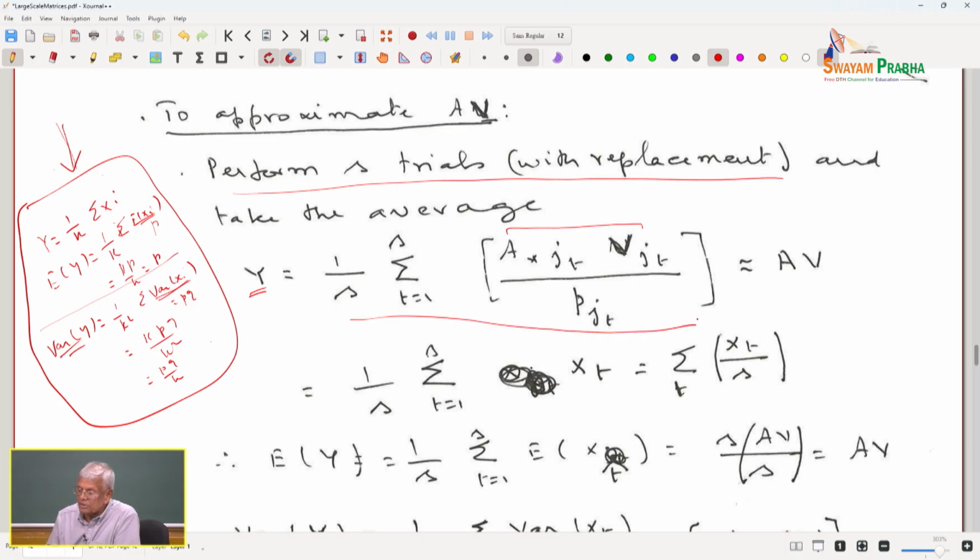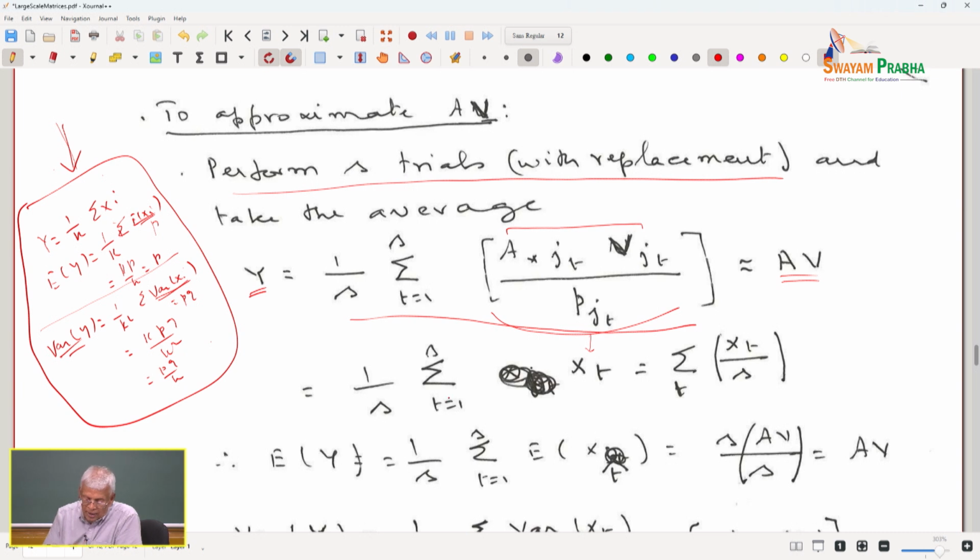So, the best estimate of the matrix vector product y is given by the average of the S selections made according to the sampling distribution, and that is an approximation to Av. Please understand, this is the random variable x_t at the t-th trial.